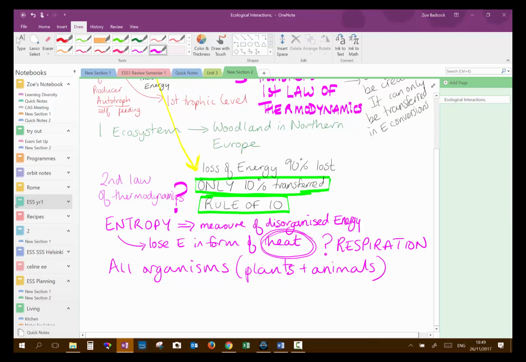So you've got all organisms respiring, and respiring means that they are converting biomass into energy that they can use.